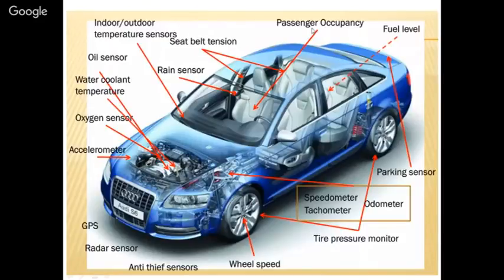Right. So for example, normally when we sit in a car on a driver's seat, if we do not fasten our seat belt, a warning sign comes on the dashboard.